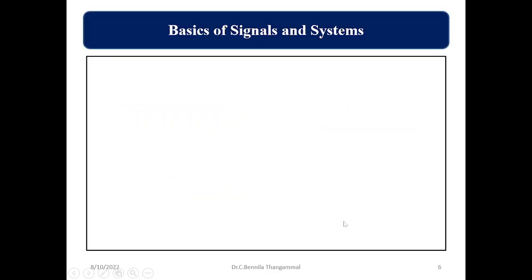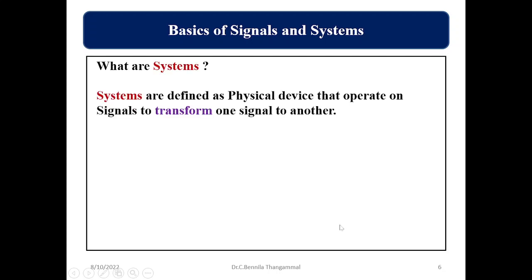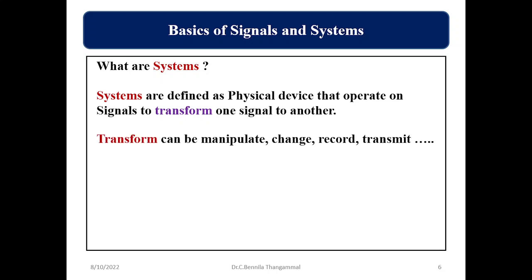Now we have studied signals, so now we'll see what systems are. Systems are defined as physical devices that operate on signals to transform one signal into another. The transformation can manipulate the signal, change the signal, record, transmit, etc. This is the block diagram representation of a system. x of t is the input signal, y of t is the output signal, and the transformation takes place inside the system.